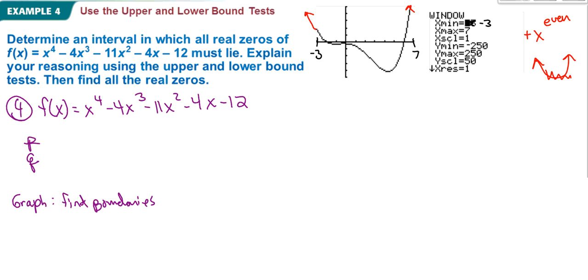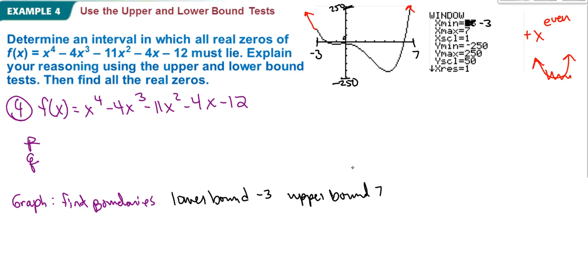Really this looks like it might be 1 or 2, but this is -250 and this is +250, and it's going by 50s as we look at that. So it looks like -3 is a lower bound, and an upper bound is 7.